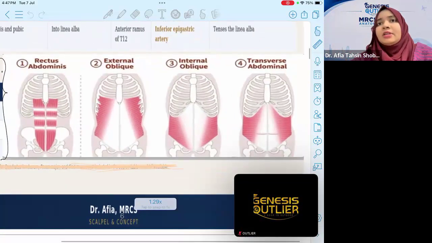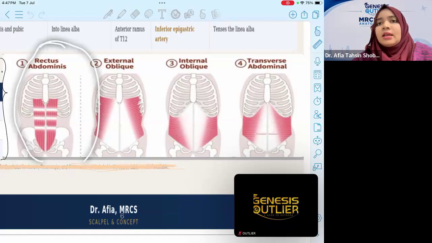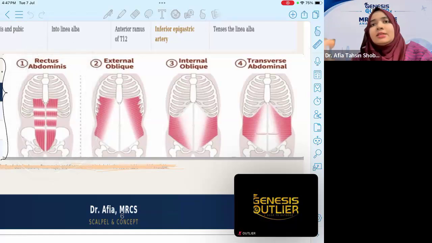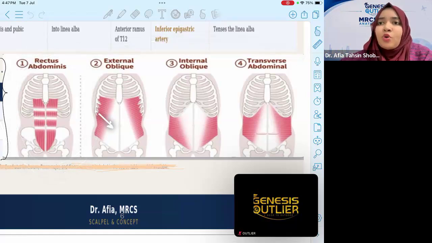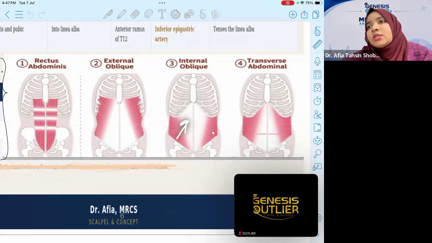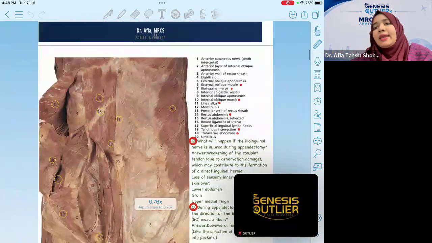Just in summary, we can focus on the direction of the four muscles. Rectus abdominis is upward and downward, external oblique is like hands in pocket direction, internal oblique is prayer position, and transverse is transversely arranged.